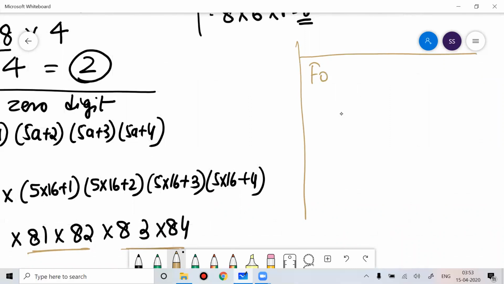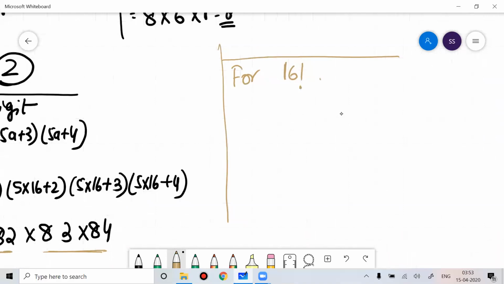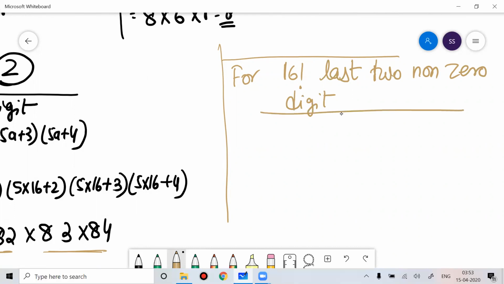For 16 factorial, if you want the last two non-zero digits, 16 you can write as 5 into 3 plus 1.